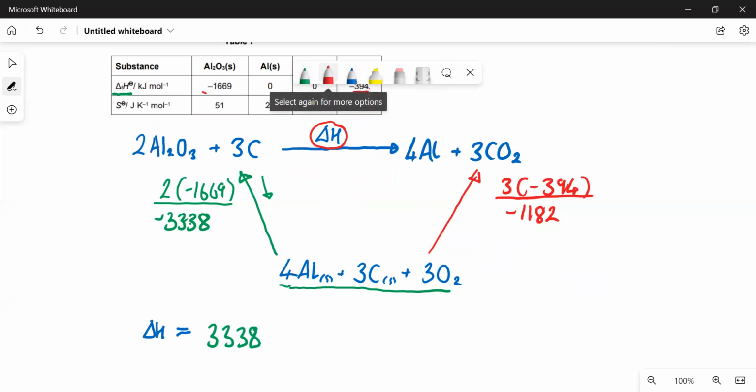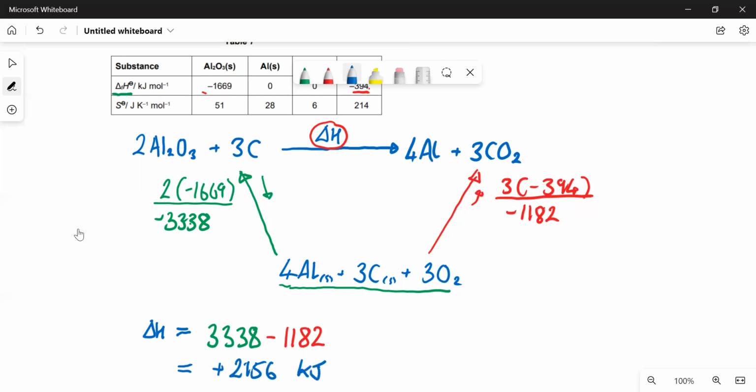And we are going up the red arrow with the arrow, so we keep the sign and don't change it: 1182. That works out to give us a pretty endothermic reaction value of plus 2156 kilojoules.